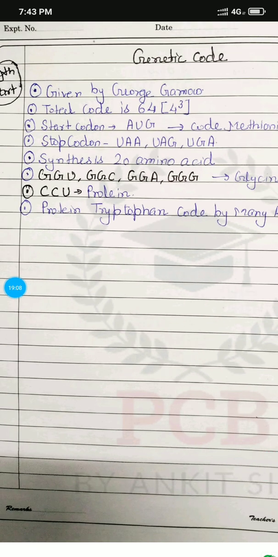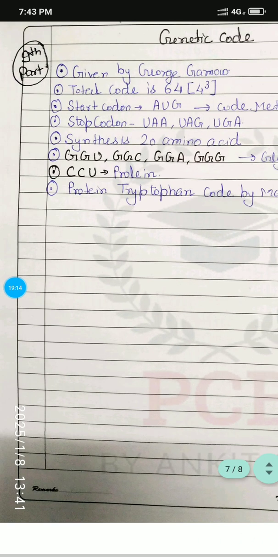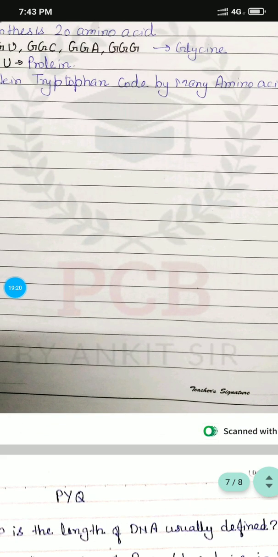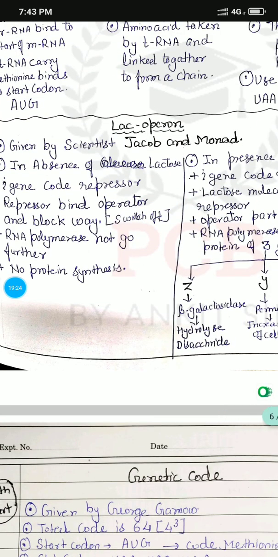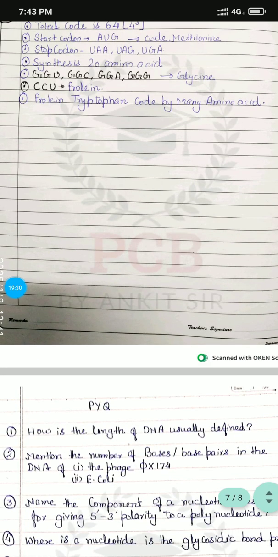GGU, GGC, GGA and GGG, these 4 code the one amino acid called glycine. CCU is proline, and tryptophan is coded by many codons. Now these are the chapters. You have to pause this video, write the notes, and you have to understand each and every topic.